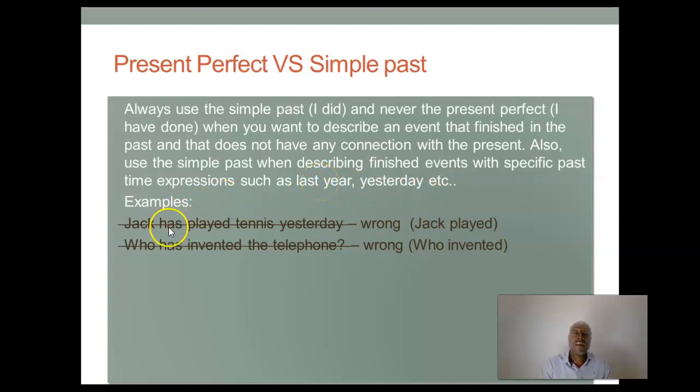Also, use the simple past when describing finished events with specific past time expressions, such as last year, yesterday, last month. You want to use simple past for them. Examples: Jack has played tennis yesterday. This sentence is wrong. Can somebody tell me why it's wrong? Exactly, yes. If you've said that we do not use the present perfect tense with a specific past time expression, then you're right.